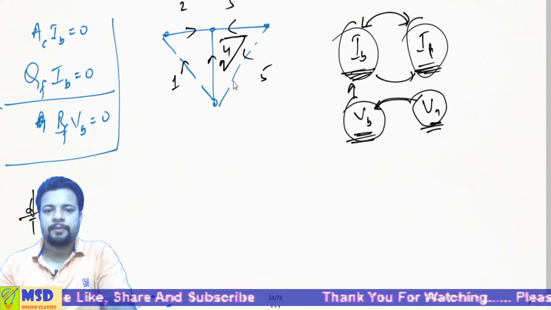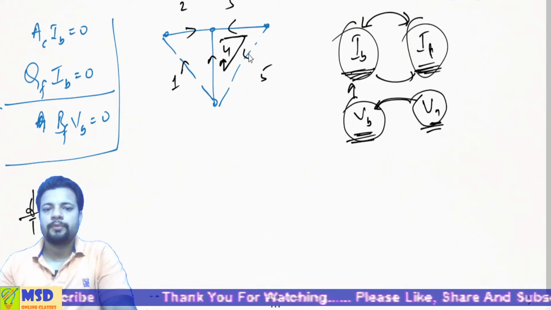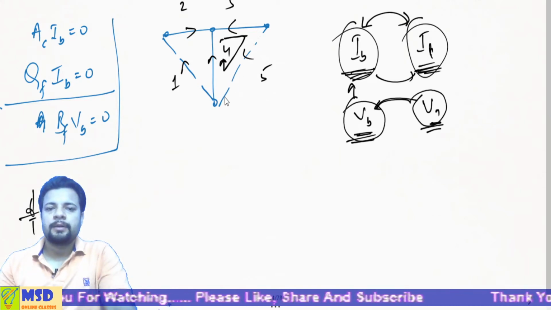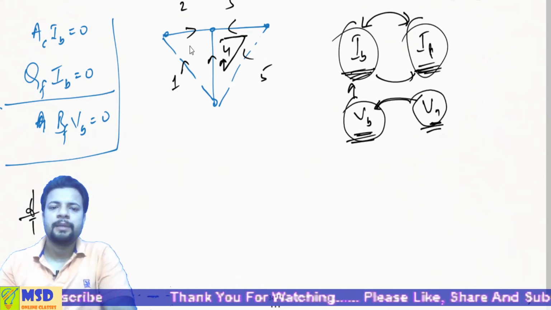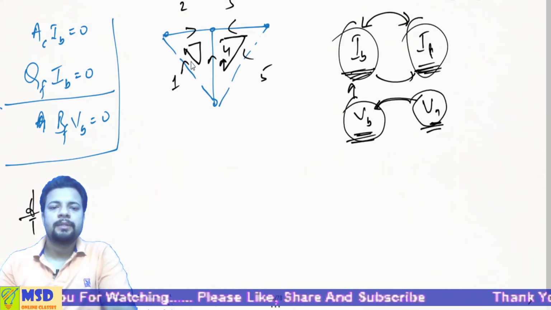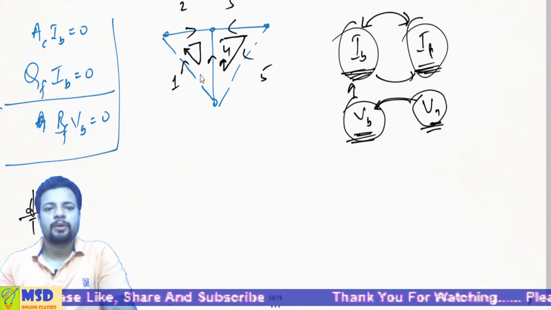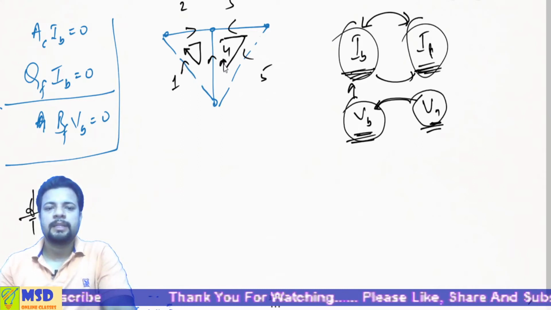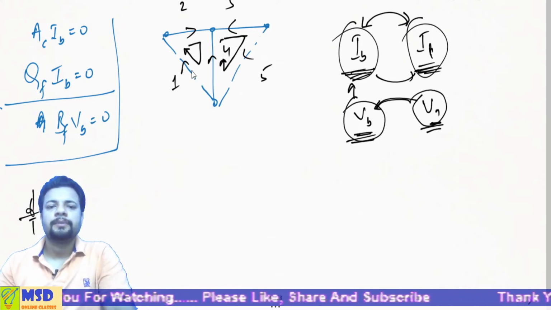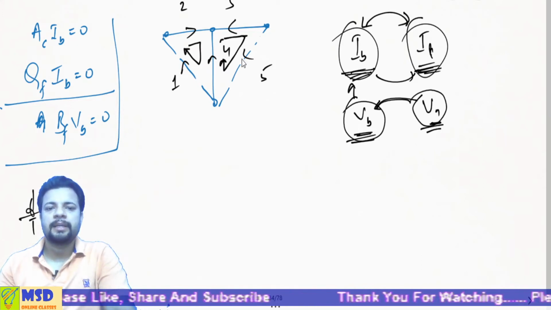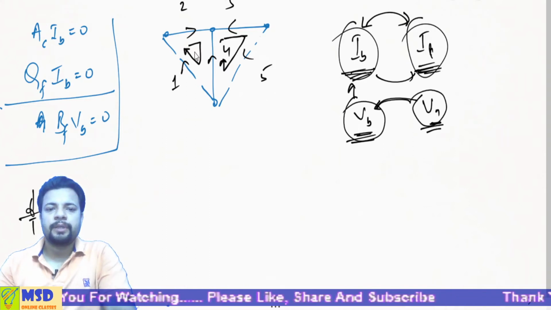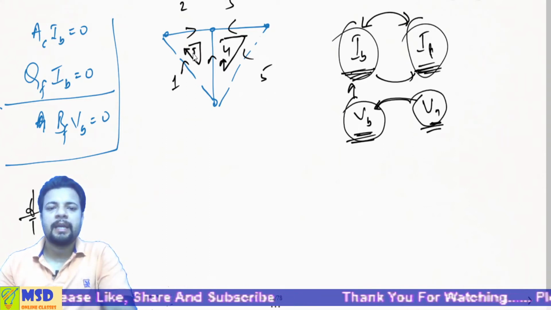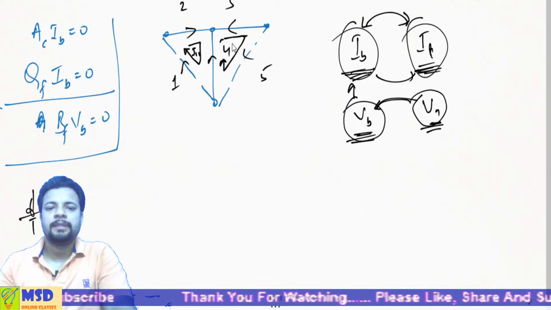The direction of this loop would be oriented in the same direction as your fifth branch, and similarly in this loop the direction should be clockwise. So in both loops the direction is taken as clockwise. Now let me say the current flowing in this loop is IL1, and similarly the current flowing in this loop is IL2.